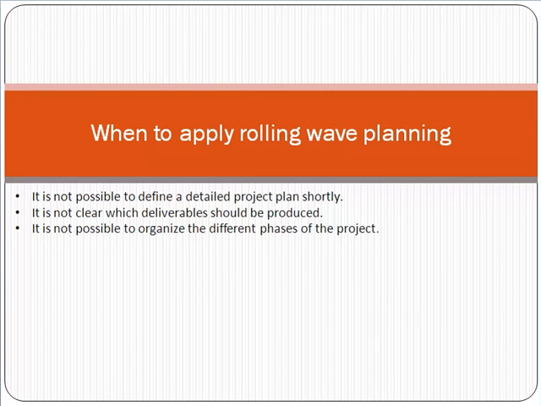So this is an approach where we can apply rolling wave planning when things are not properly clear, when you have very short time for the project plan, and when you don't know exactly what deliverables should be produced.